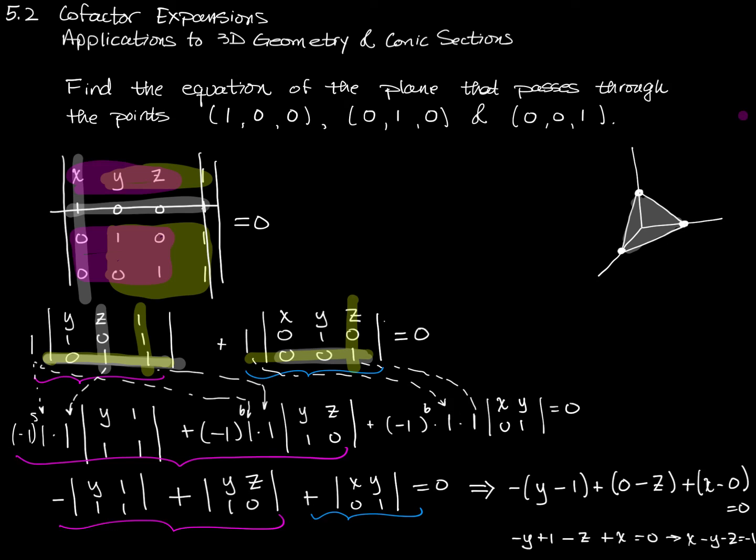Now, if you look this up in a calculus textbook or work with different rows or columns for your cofactor expansion, you may actually get a different answer. But the equation of a line in R3 is not unique. So I would argue that your answer and my answer can both be correct, even if they're different.